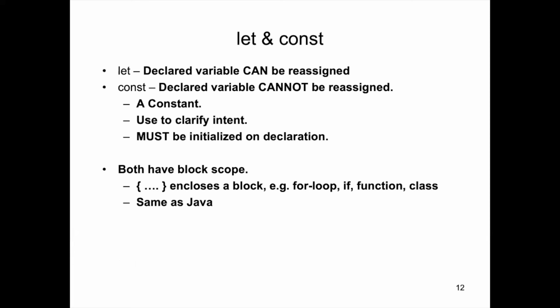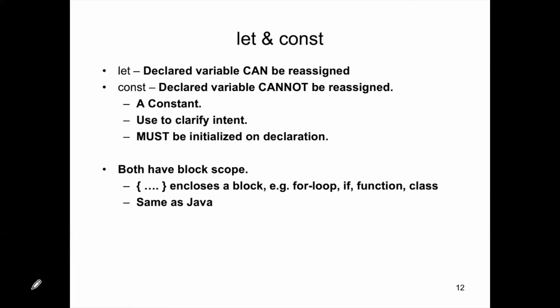The last point I'm making on this slide is that whether you declare a variable with let or with const, those variables have what we call block scope, which is essentially the same as Java. A block of code in JavaScript is any code that's enclosed in curly braces.